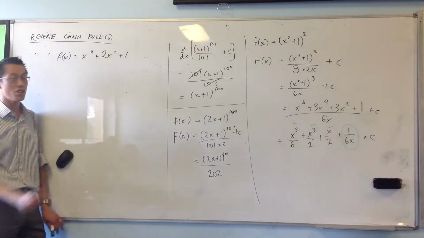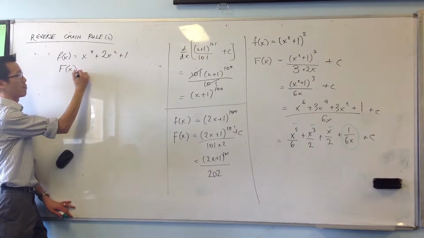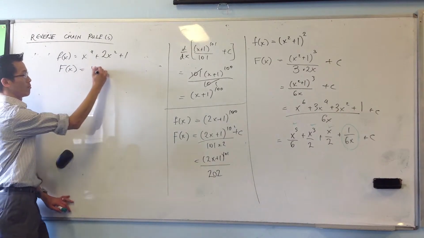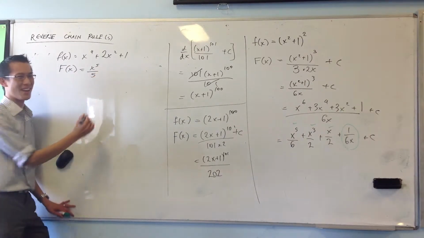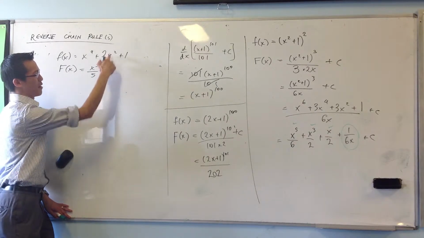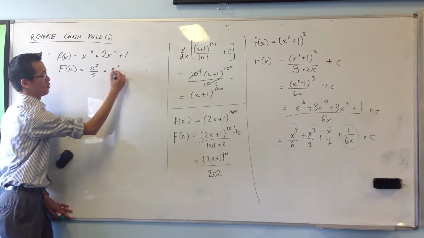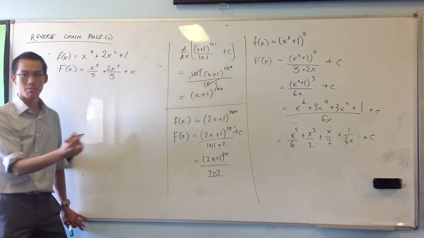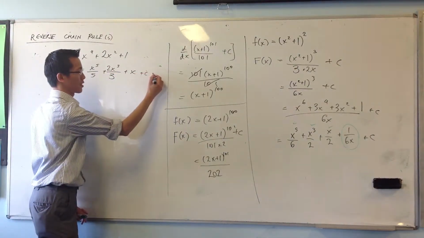Okay, now let's anti-differentiate. F prime is x to the power up, divide, power up, so x cubed, there's a 2 at the front, divide. That goes up, and then there's my constant.